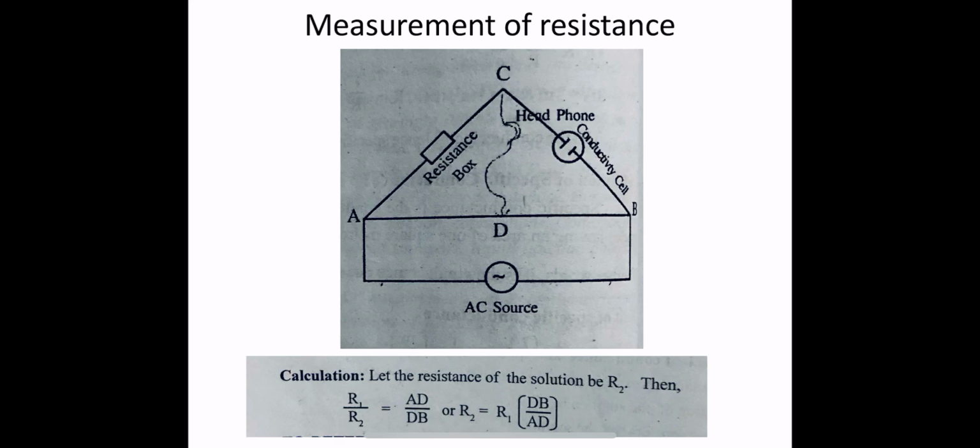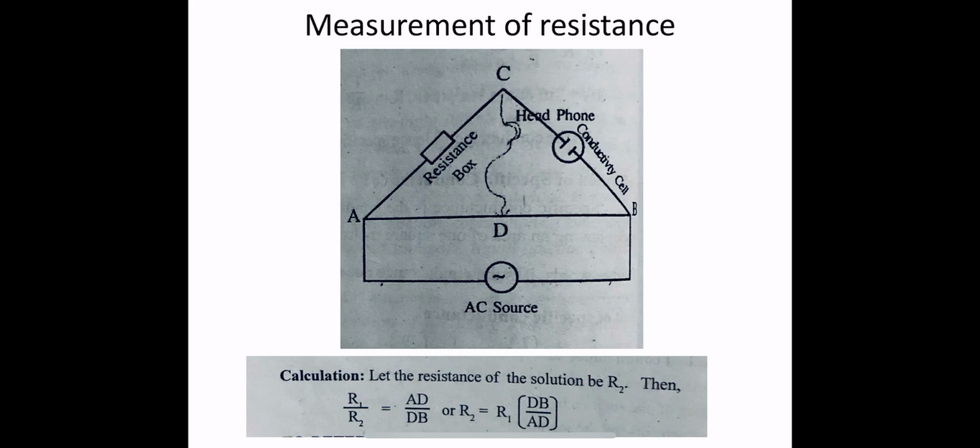So AD and DB are noted. By rearranging the equation, we get R2 equals, where R1 is already known, as I told, a known resistance, and the conductivity cell is also used.